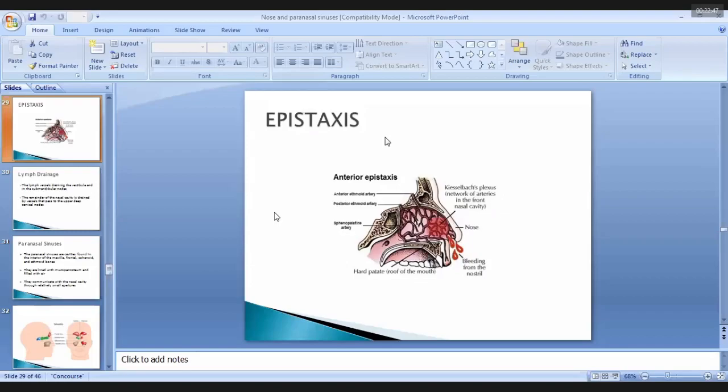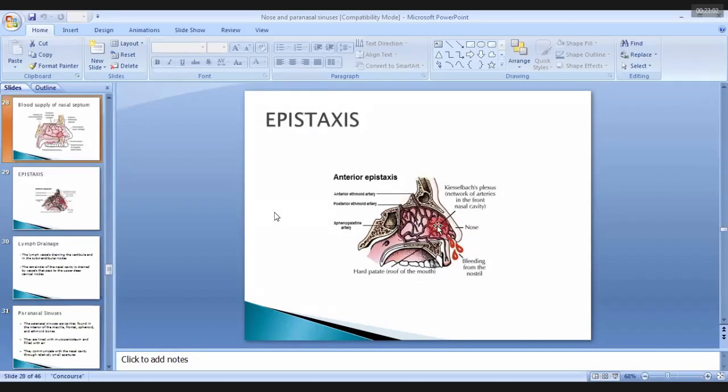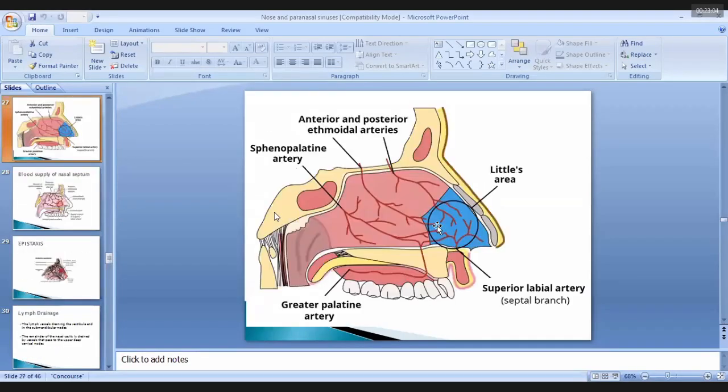So epistaxis is a condition in which there is bleeding from the nasal cavity from Kesselbach's area, that is a network of arteries in front of the nasal cavities and in the anterior part of the nose. And that area is actually a site of anastomosis between these 5 branches. That's why it is clinically important.